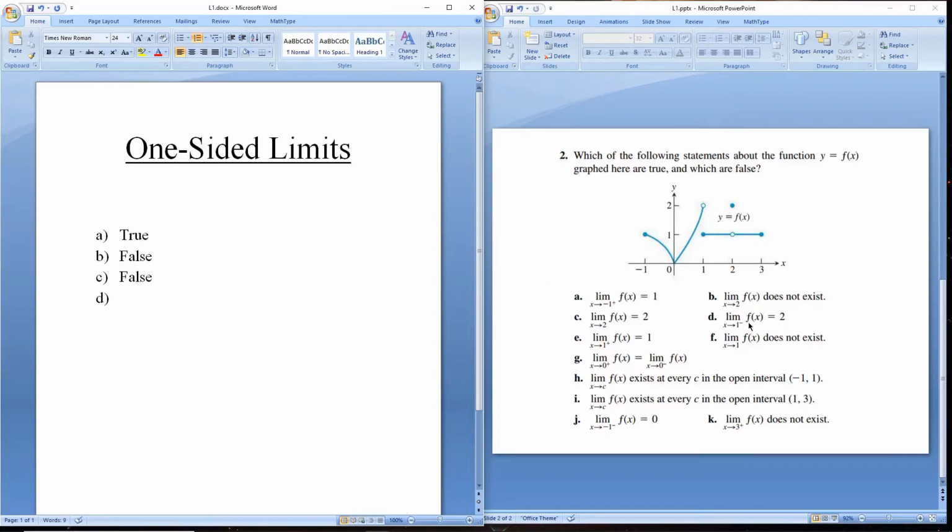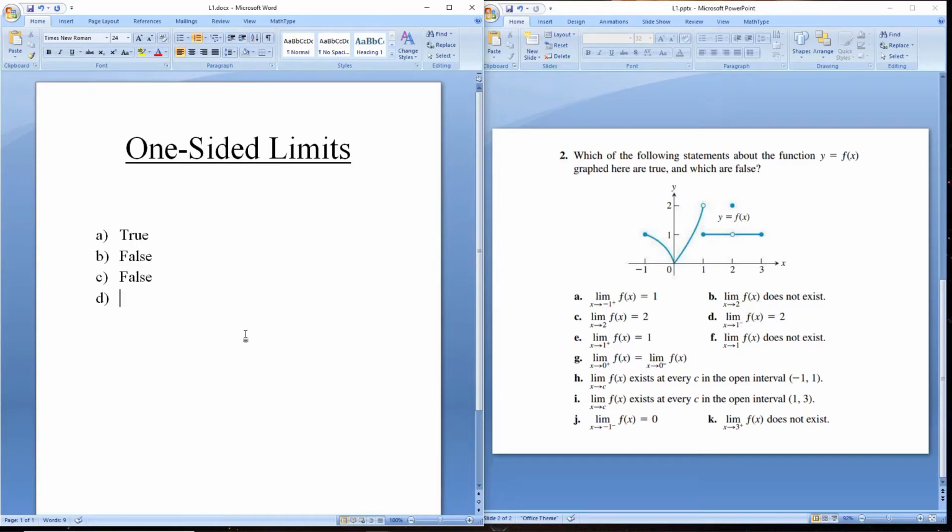Let's check out D. We want to approach 1 from the left. So here's 1. We'll approach it from the left, so we'll follow the function along. As we get closer and closer to our input, we find we're at a height of 2. So this limit is 2, and that's what it's saying. As we approach 1 from the left, is this limit 2?